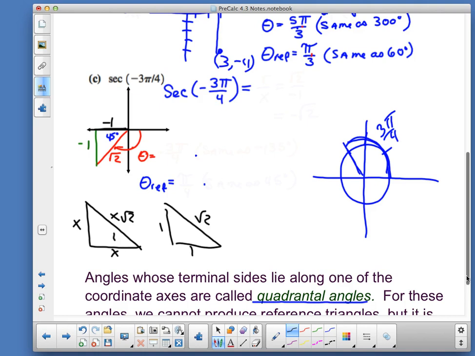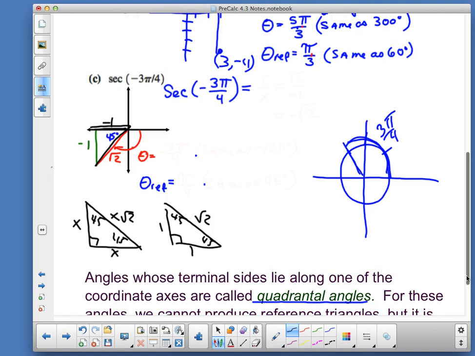This triangle is a 45, 45, 90. The ratio is the same. I just oriented the triangle so I had a 45 degree angle between my x-axis and my terminal ray. Remember, the triangle has to be attached to the x-axis to make it work. Does that make sense?